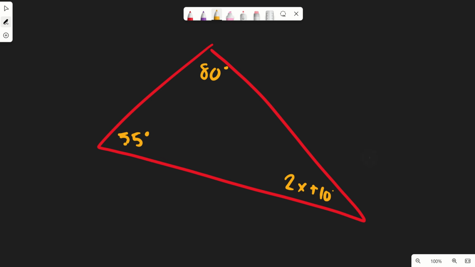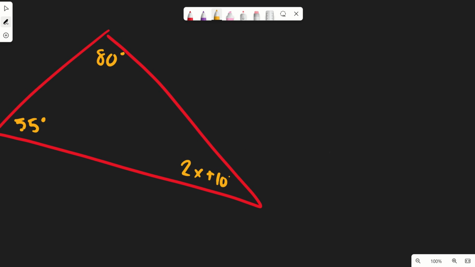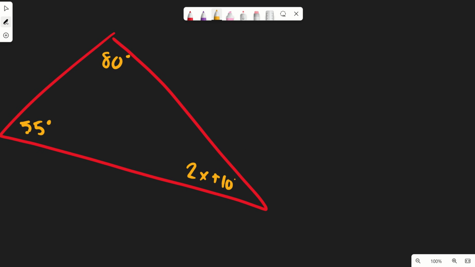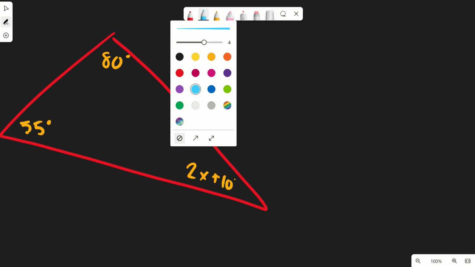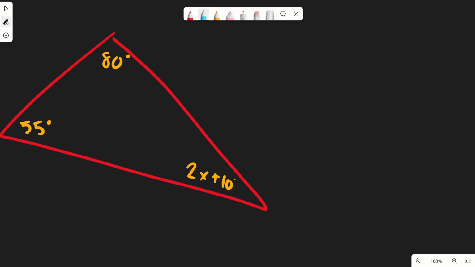So we know all this information that exists on this triangle. And we also know, because of our theorem, that these three angles will all add together to equal what? 180. So we know that 80 plus 55 plus 2x plus 10 equals 180.